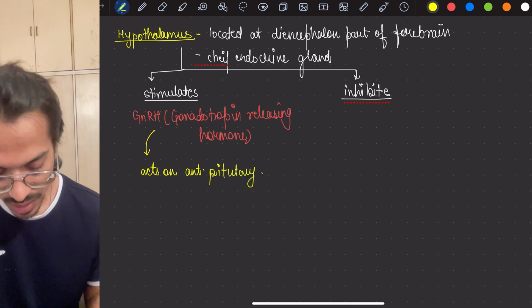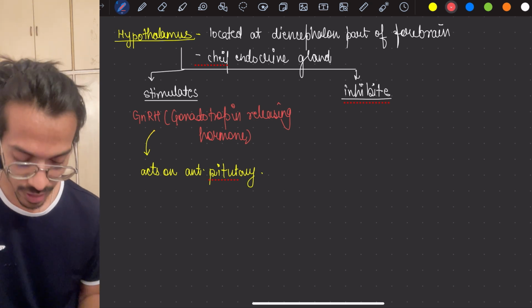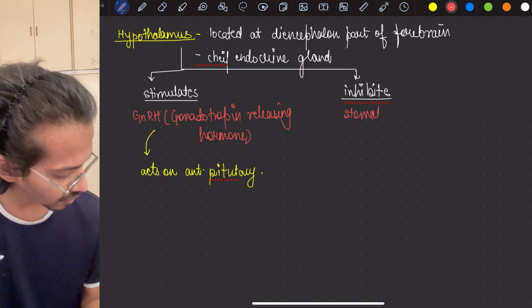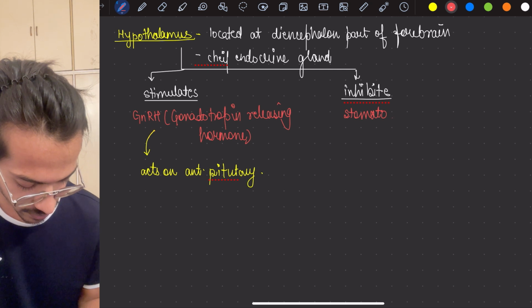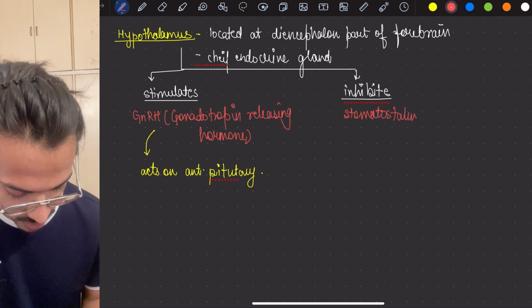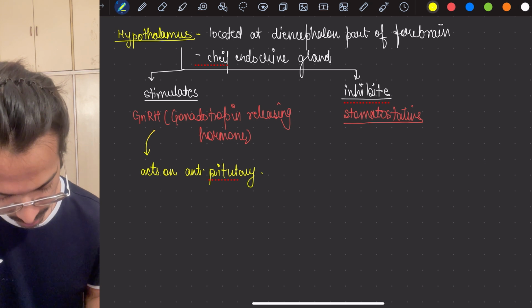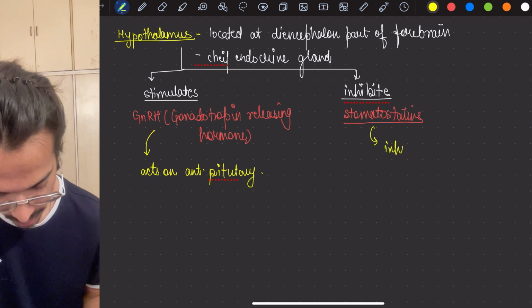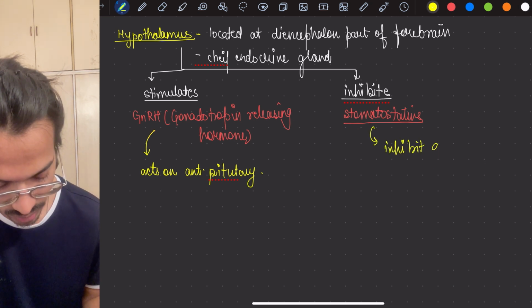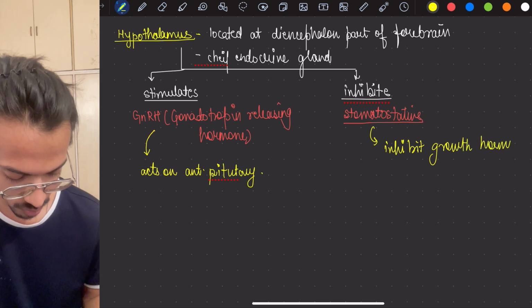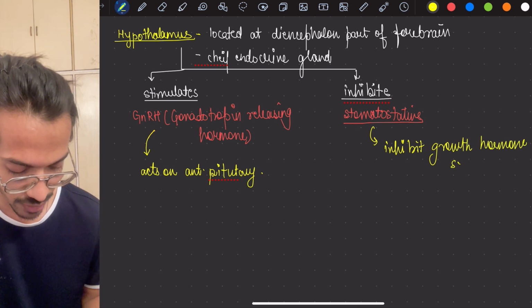Whereas if we see the inhibitory functions, then the inhibitory hormone is somatostatin. What is somatostatin? It will inhibit growth hormone secretion. So it means opposite functions.